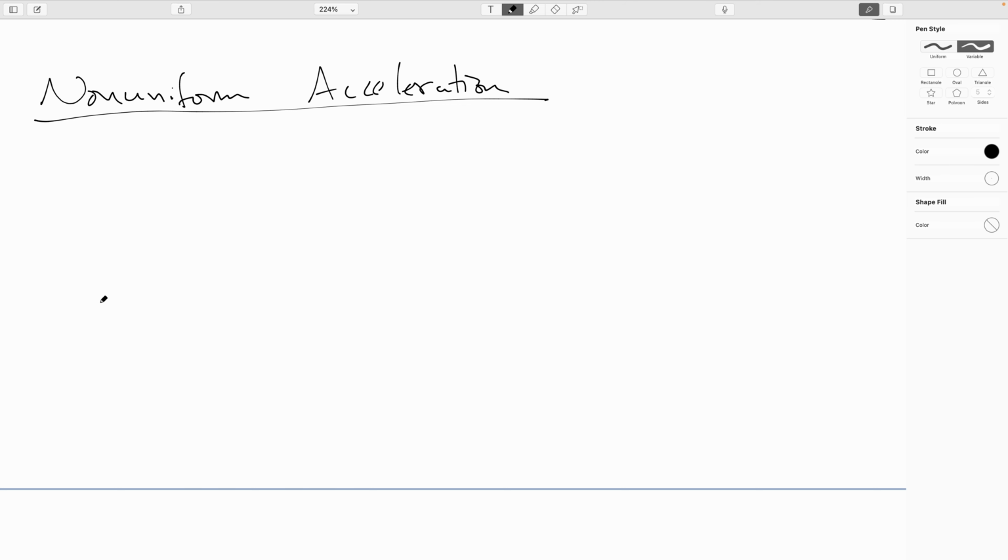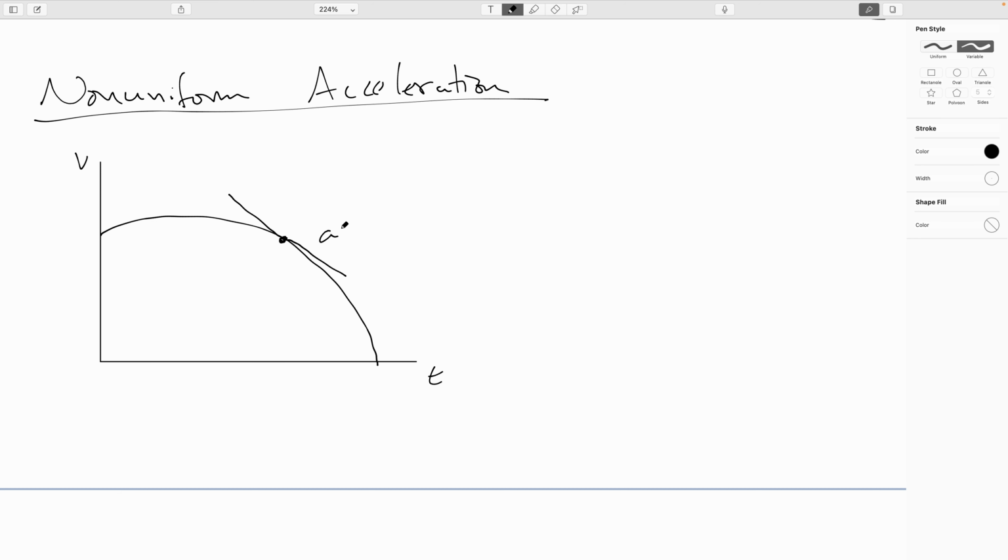We can still get, so if I make a velocity time graph, for instance, if I want to know the acceleration at this point right here, it's still the slope of the tangent line. Because the acceleration is the derivative of velocity.